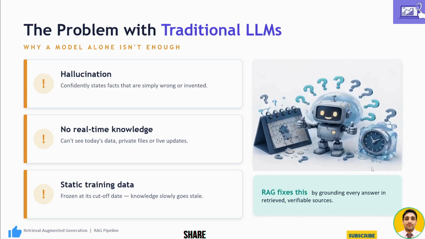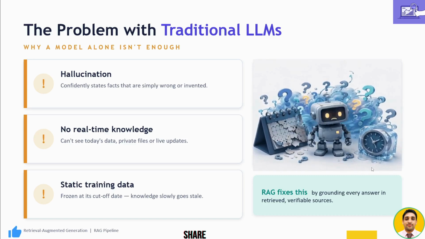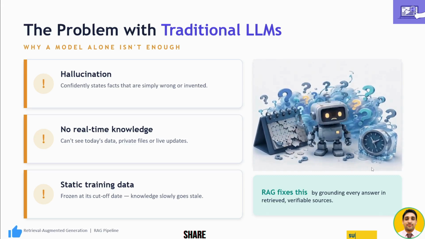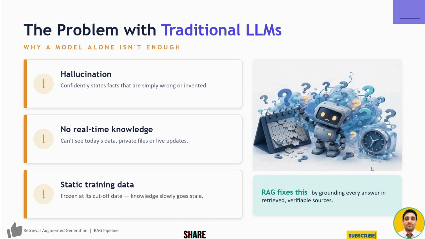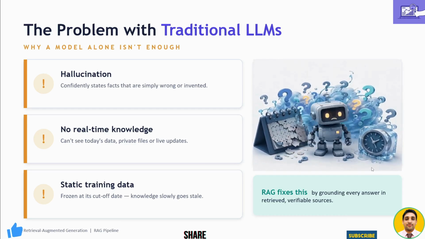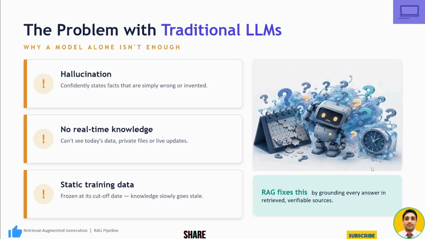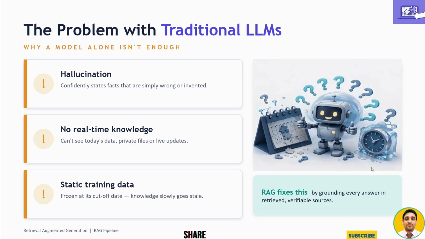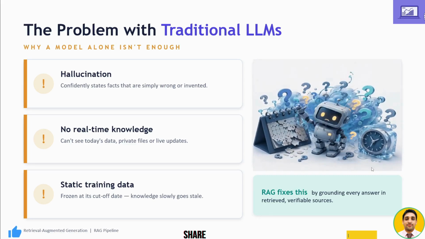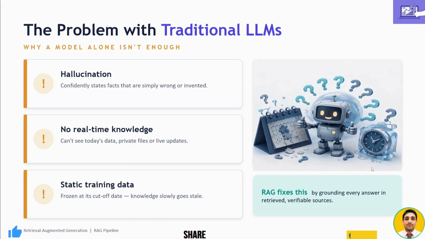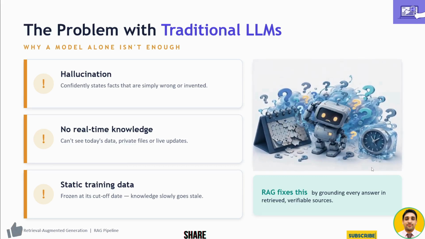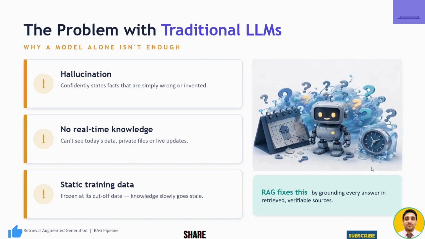The second issue is the lack of real-time knowledge. A language model once trained cannot see today's news, cannot access your private company files, and cannot know about live updates happening in the world right now. It is essentially frozen at the point when its training ended. This leads directly into the third problem: static training data. Every model has a training cutoff date, and beyond that date, its knowledge simply does not exist.